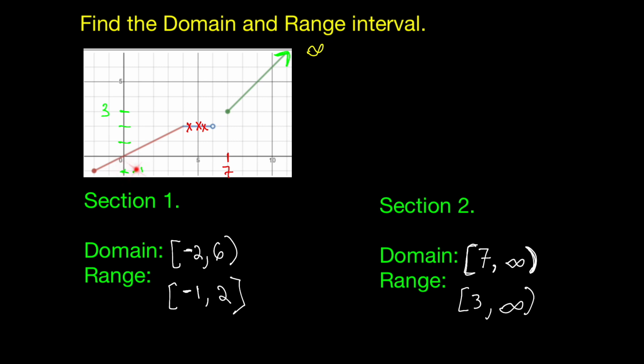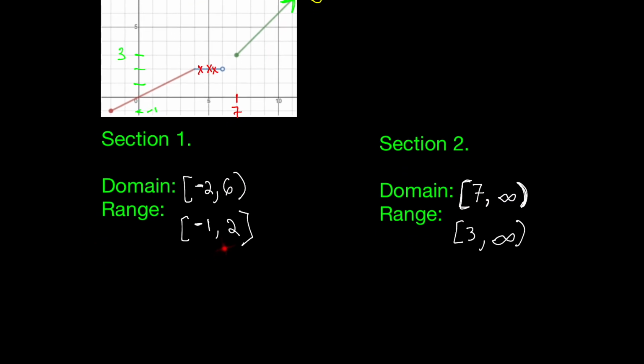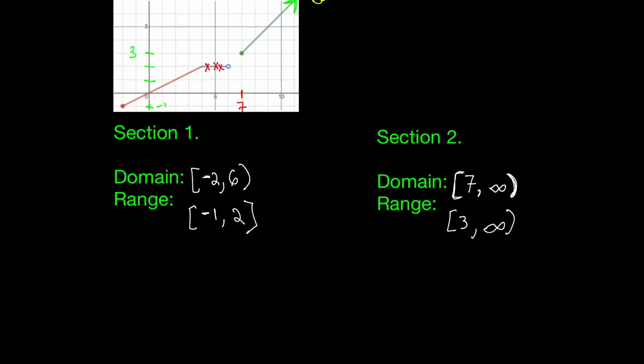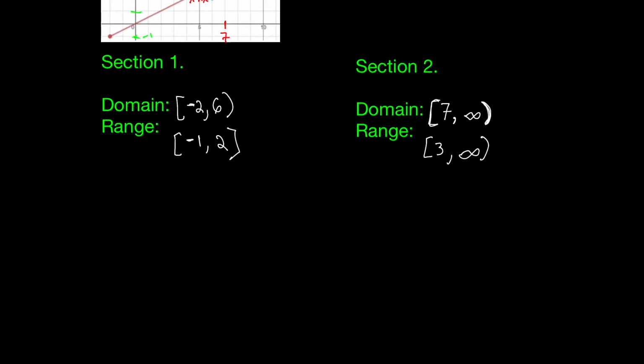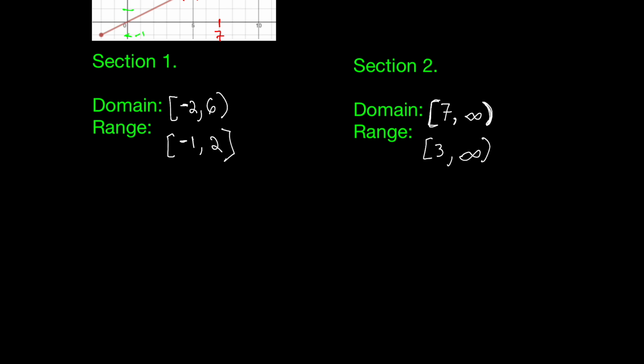And now I have both sections of my function. For the first part of the function, the domain is from -2 to 6, and then the second part is from 7 to infinity. The range, on the other hand, the bottom is from -1 to 2, and then we have the other piece from 3 to infinity. So now I'm going to put it together using more notation.